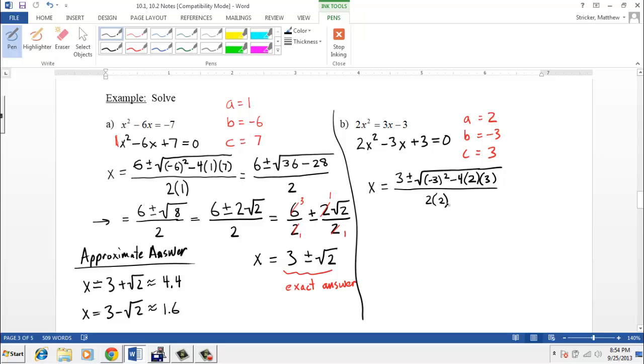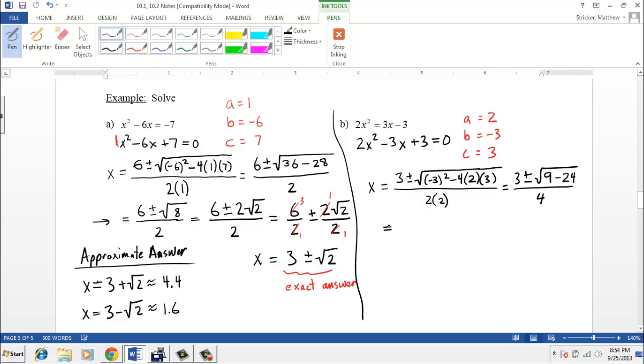Same way we did the last example. So this one can then simplify to 3 plus or minus the square root of 9 minus 4 times 2 is 8, 8 times 3 is 24, over 2 times 2, which is 4.